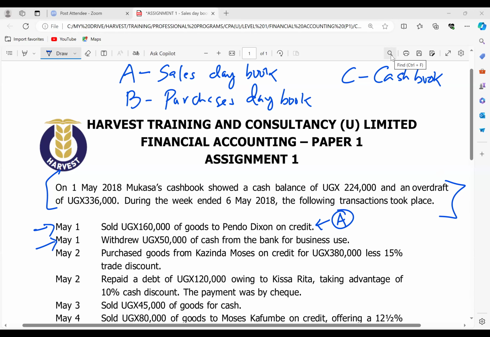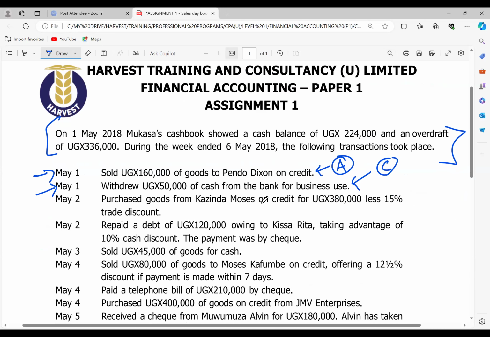We are going to record it in the cash book. Perfect. We record in the cash book because the transaction is cash related, cash entirely. Drew 50,000 of cash from the bank for business use. Good. Thank you so much, Esther.